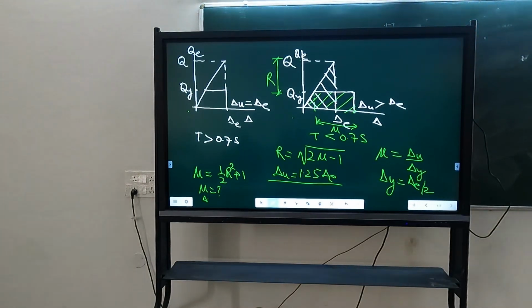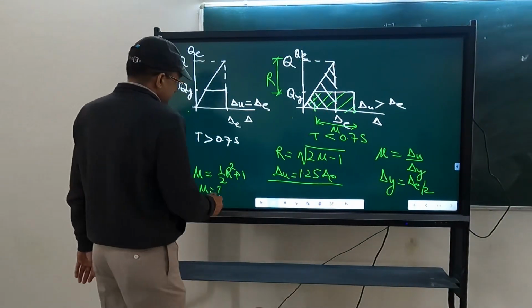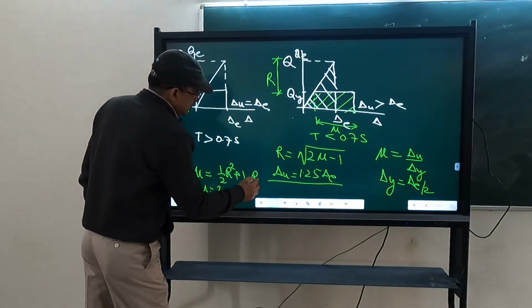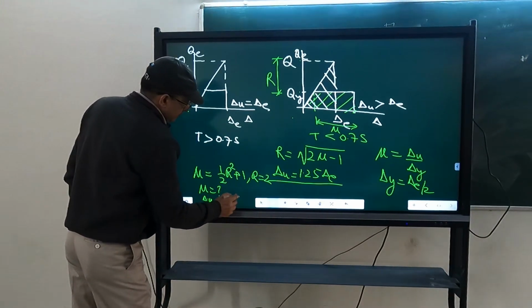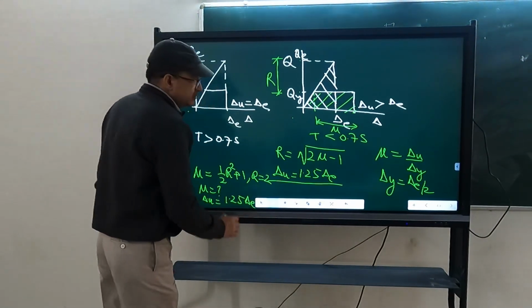It is not delta E, it is delta, the response of the inelastic structure. So if R is equal to 2, you will get delta U as 1.25 delta E.